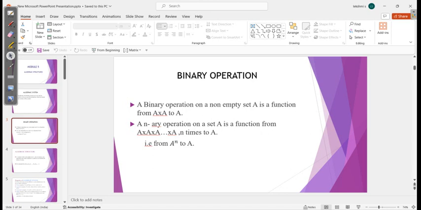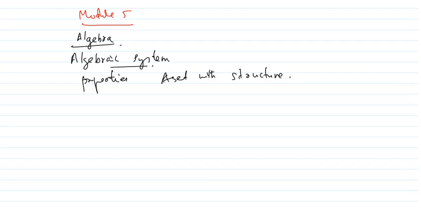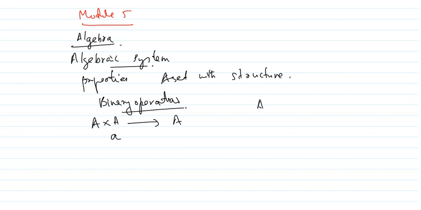And if there is an n-ary operation, the function is from A cross ... cross A, and a binary operation is a function from A cross A to A. Suppose in A there are a, b, c.